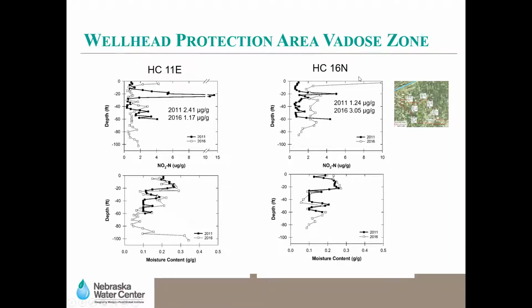So we can relate these changes in concentration to how much irrigation water was used at the surface and how much fertilizer was applied. The two bottom graphs show the moisture content, and we can see that there's a nice correlation between both times that it was sampled, and we think that this moisture content is directly related to the type of sediments that are in the Vadose zone.